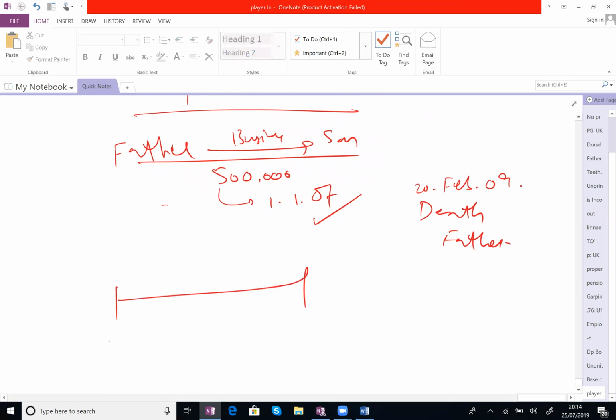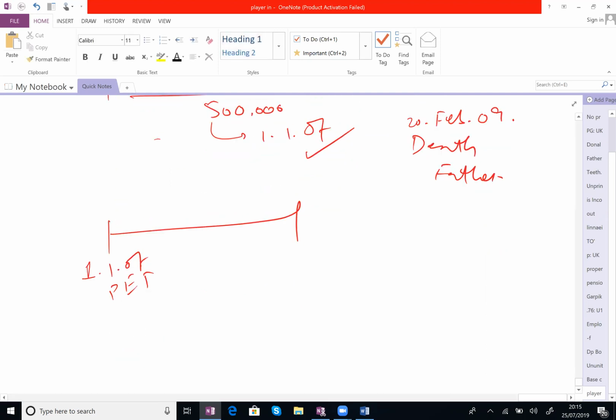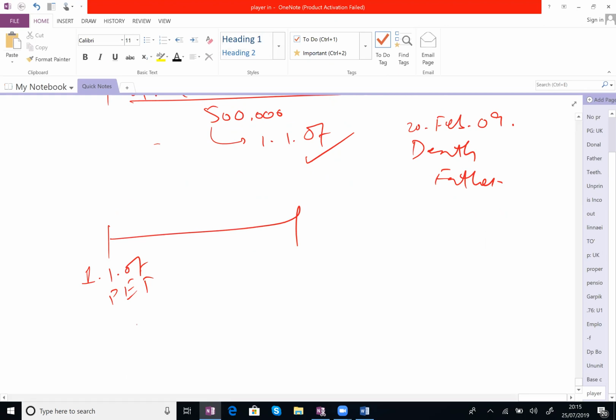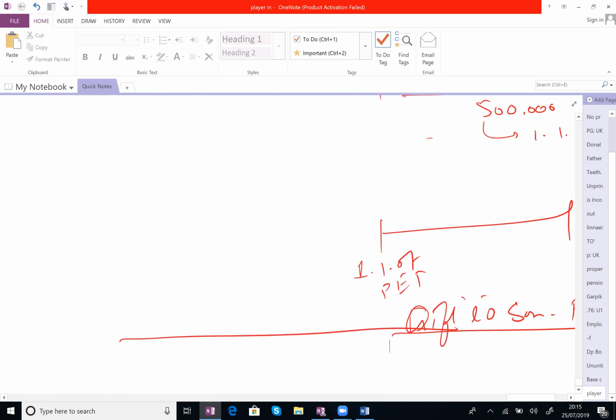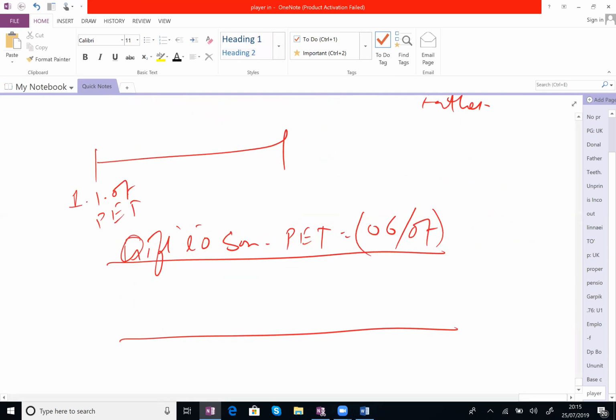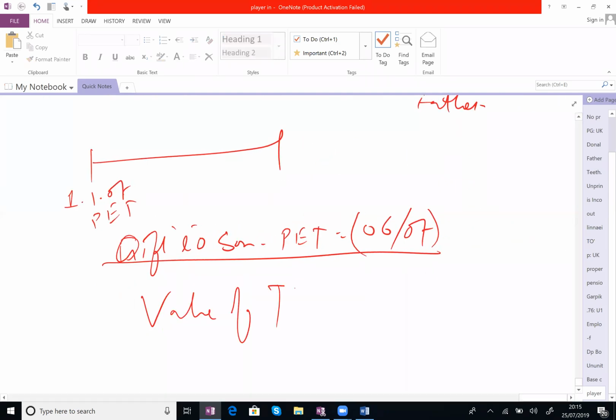So make the timeline. You are making the gift on 1 January 07. That is a PET. Now calculate the value of PET, given to son. Tax year 06/07. Tell me the value of transfer. 5 lakh. Now less BPR. BPR is available.